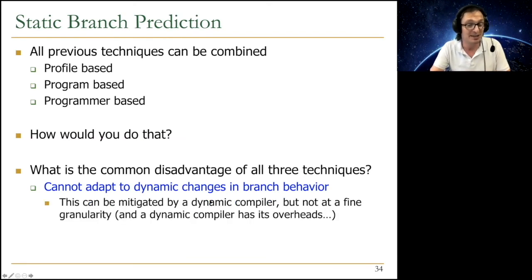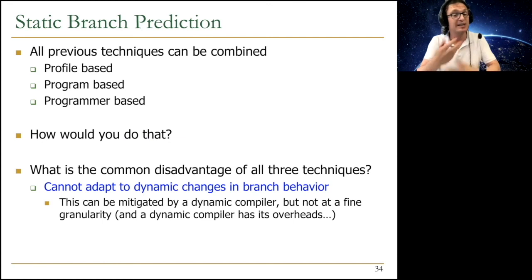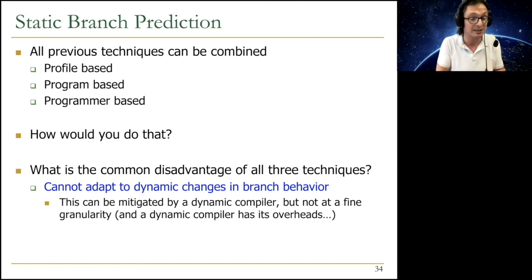And this can be mitigated by a dynamic compiler, like a just-in-time compiler. A just-in-time compiler, once in a while, recompiles the program and changes those hint bits, for example. But if you do it at a very fine granularity, the dynamic compiler will have a lot of overheads. And branches change behavior at a very fine granularity, as we will see later on.